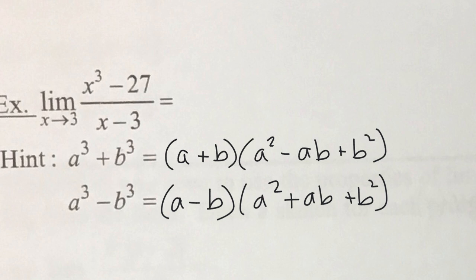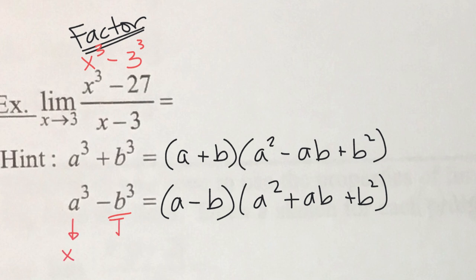Because we want to factor anytime we have polynomials. So let's write x cubed minus 27 in this form. What number cubed is 27? That would be 3. 3 times 3 times 3 is 27. So in your formula, a is going to be x, and b is going to be 3.